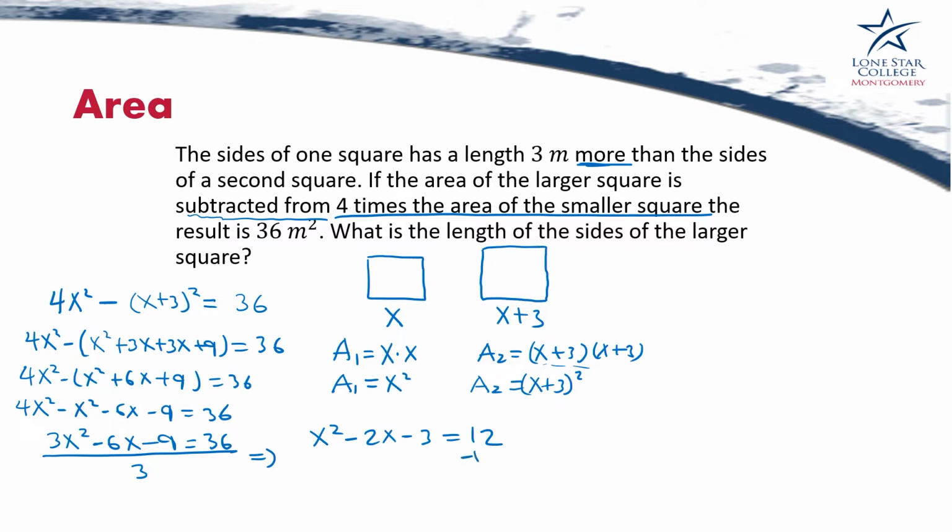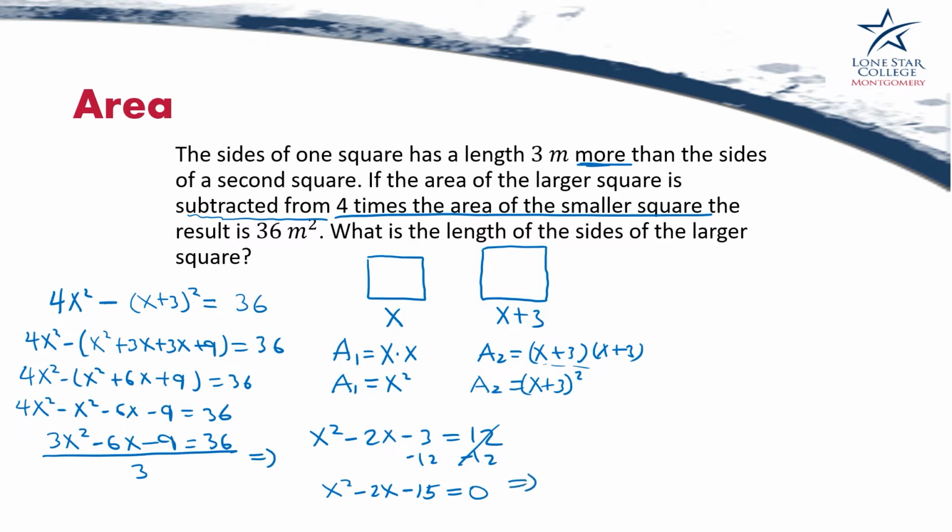Then we can take that 12 and bring it over to the left side. So x squared minus 2x, I'm sorry, not minus 9, because we're combining the negative 3 minus 12, which is negative 15, equals 0.